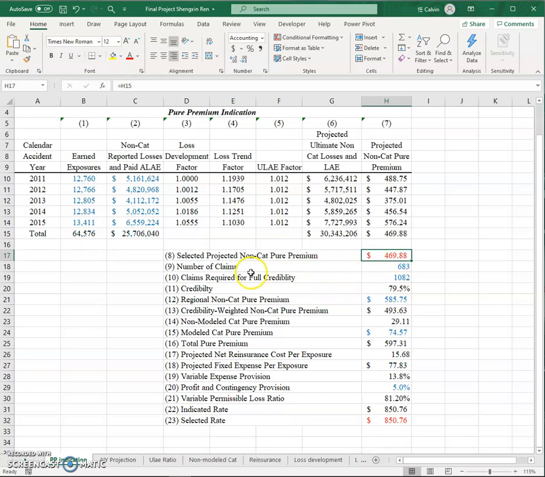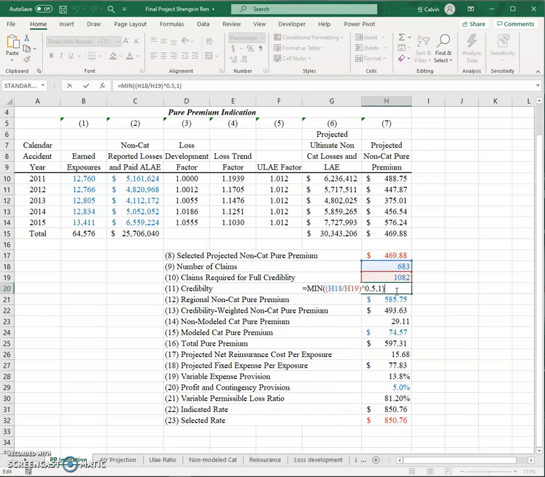For 9 and 10, number of claims and claims required for full credibility are given. So we can calculate our credibility. We use the minimum function of the minimum of H18, the number of claims divided by the claims required for full credibility, to the 0.5, comma 1, and we get the credibility.